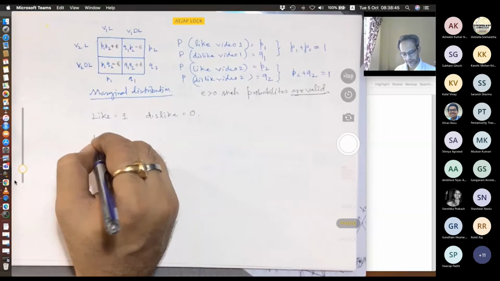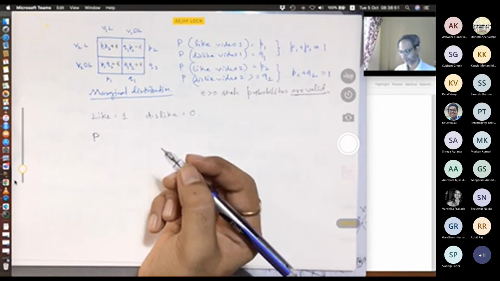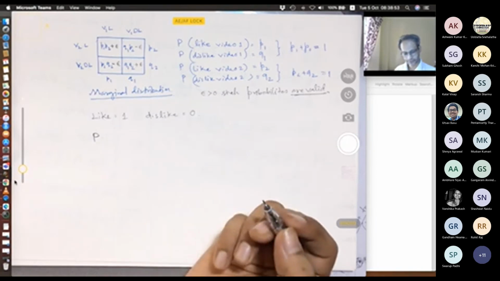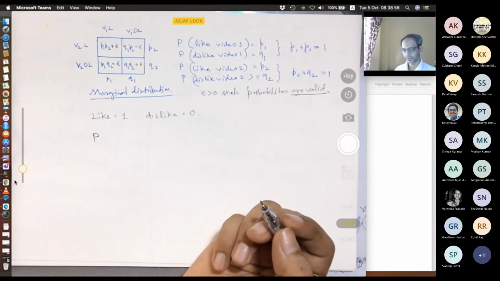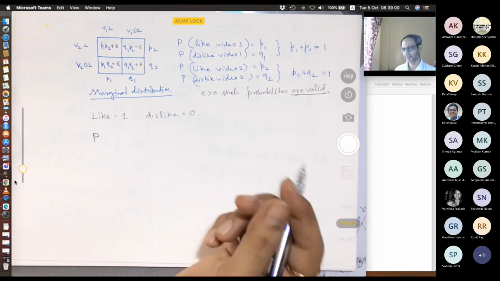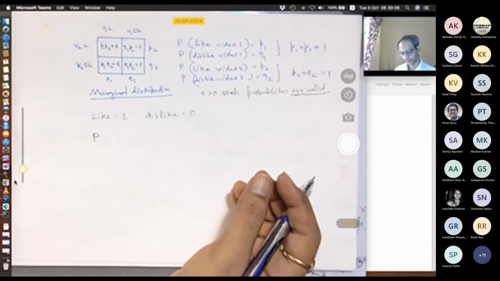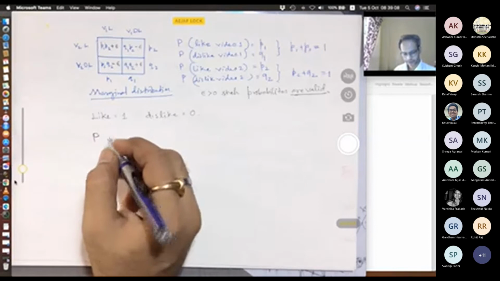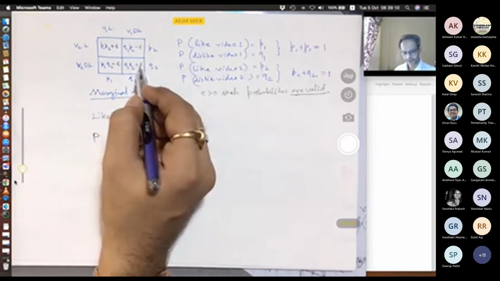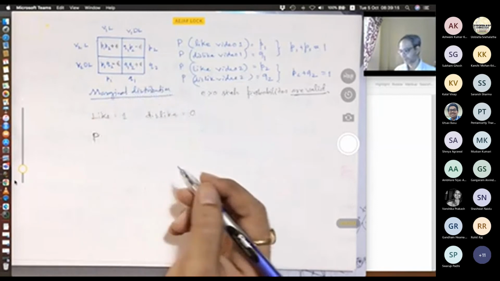Sir, epsilon can be less than 0 also? Of course it can be. You have to define it in such a reasonable way. Because if you take this as negative, then this will be positive. It doesn't matter too much.